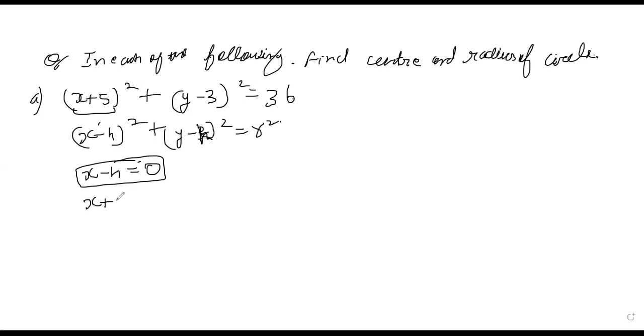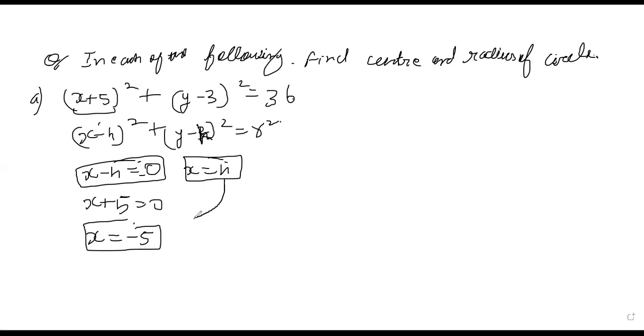If we write x plus 5 equals 0, what will be the value of x? It is minus 5. And here the value of x is h. So h is minus 5. So the center coordinates will be minus 5 comma 3.